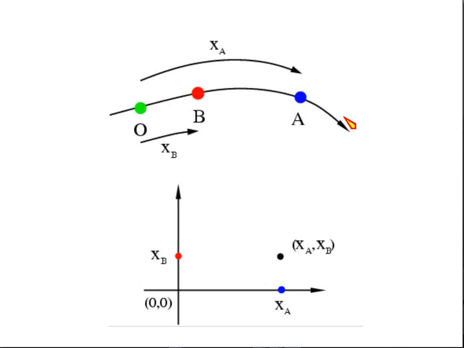It is an artificial plane in which just 1 point represents the 2 positions together, meaning that on this and on this axis, both are the same length, but one is referred to runner A and the other to runner B. And so this point means the position of the 2 along this curve.